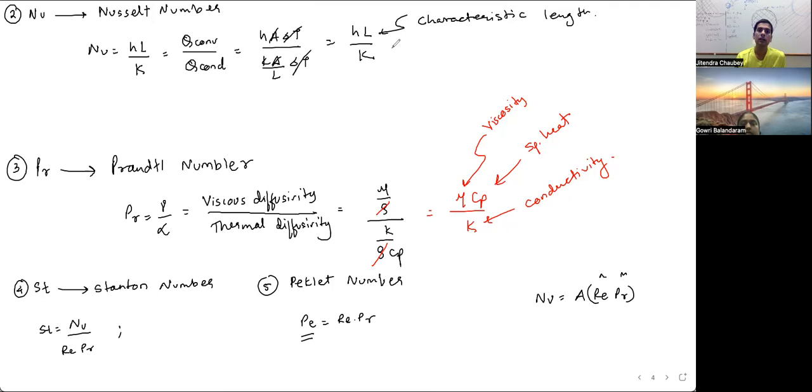Had it been a pipe we are dealing with, if there's a case of pipe where we are calculating Nusselt number, this L will be equal to D. So Nusselt number is sometimes written as HL by K or sometimes as HD by K depending upon application. If it is over the surface, it is HL by K. If it is inside the duct or pipe, it is HD by K. Instead of writing L, we write D, that is characteristic length or hydraulic diameter.